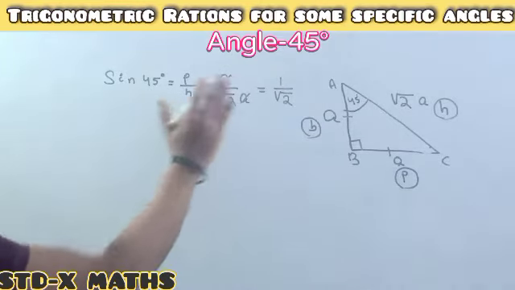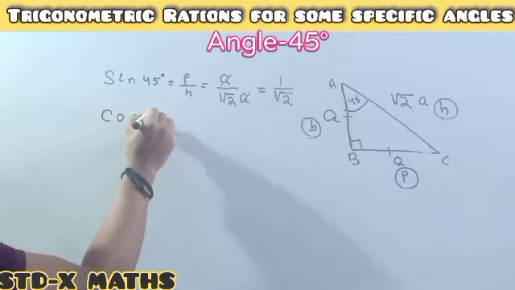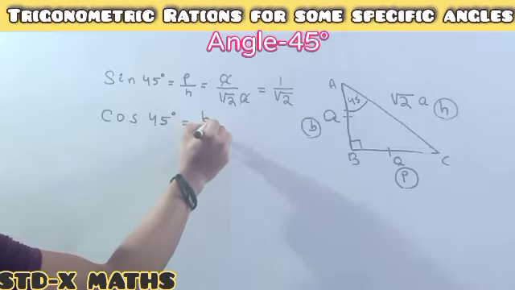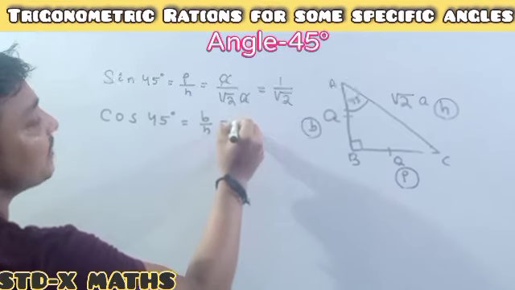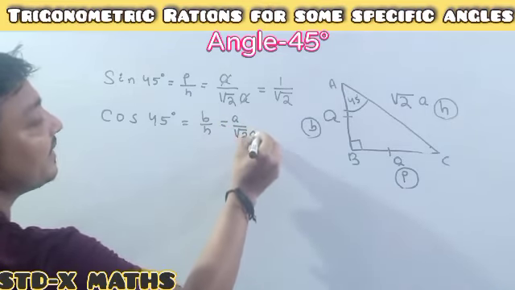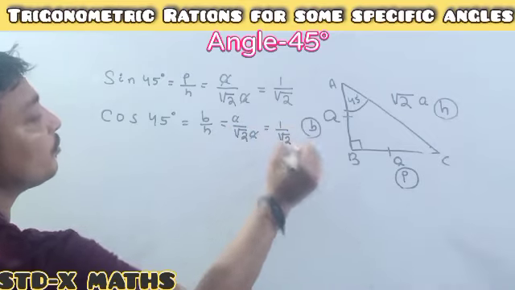Sine 45 degree is 1 by root 2. Next one is cos 45 degree, which is B divided by H. And here B is also the same, a divided by root 2a. Here also a is cancelled and finally we get 1 by root 2.